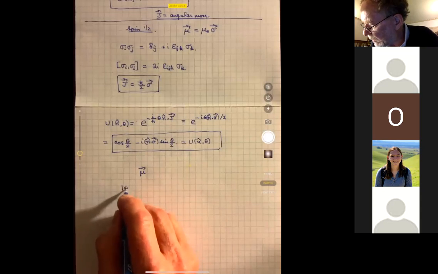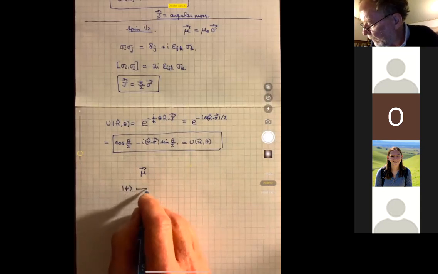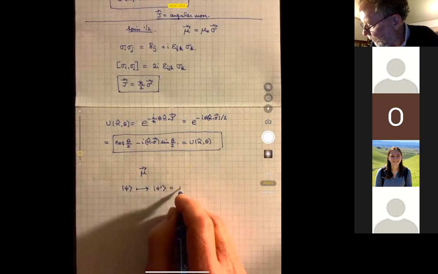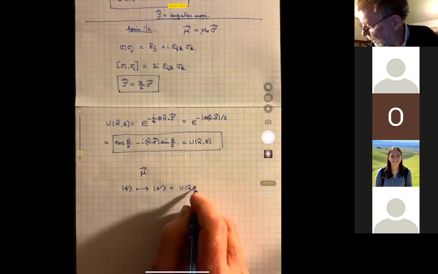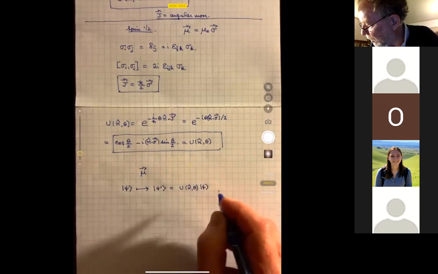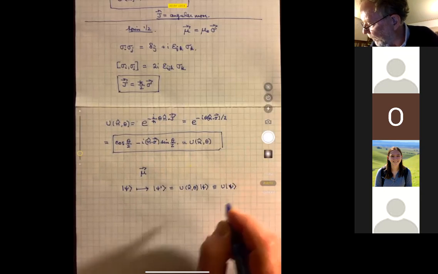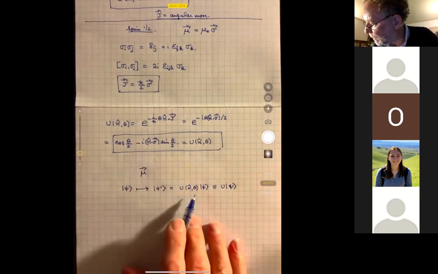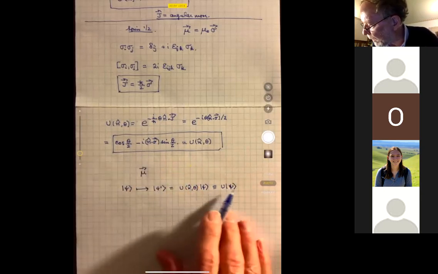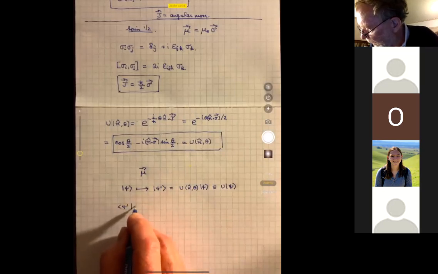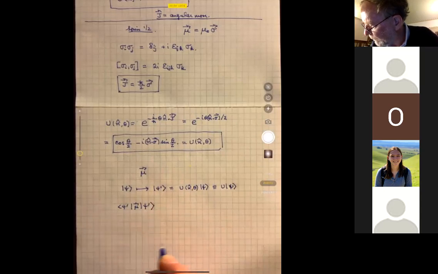So therefore, let's do the following. Let's suppose I've got a state psi, and I map it into a new state psi prime by means of a rotation, which is equal to U of n hat comma theta acting on psi. Or let me just call it U psi for short, because I get tired of writing out the n hat theta. But anyway, we have one of these rotation operators. We apply it to psi, and let's call it psi prime. And let's consider the expectation value of the magnetic moment operator with respect to the rotated state.